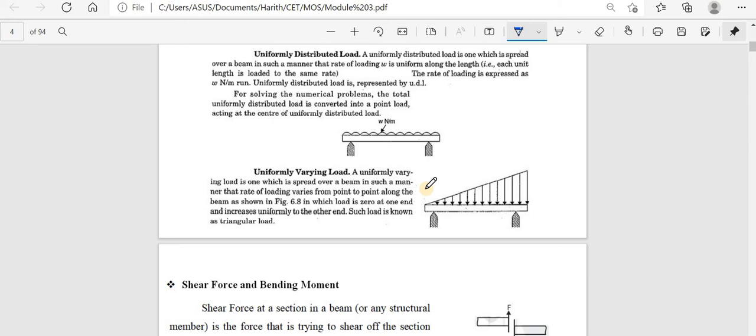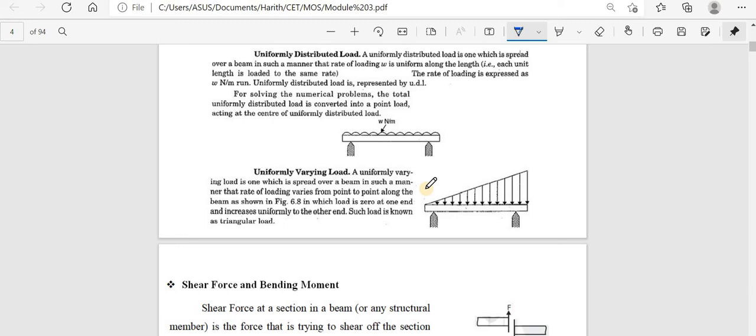And now we have to understand how to find the shear force and bending moment. That is the main point of discussion that we are going to study.